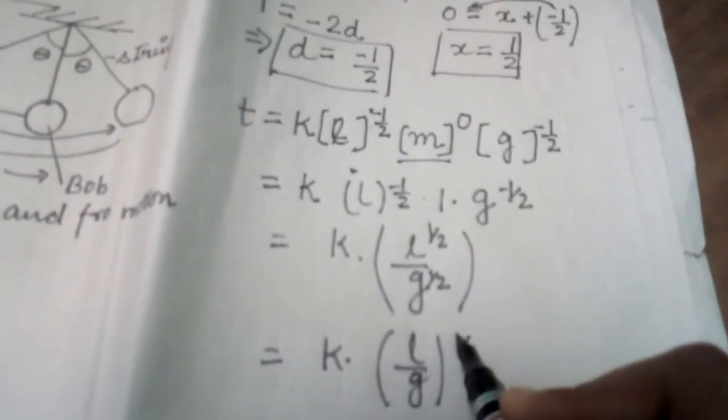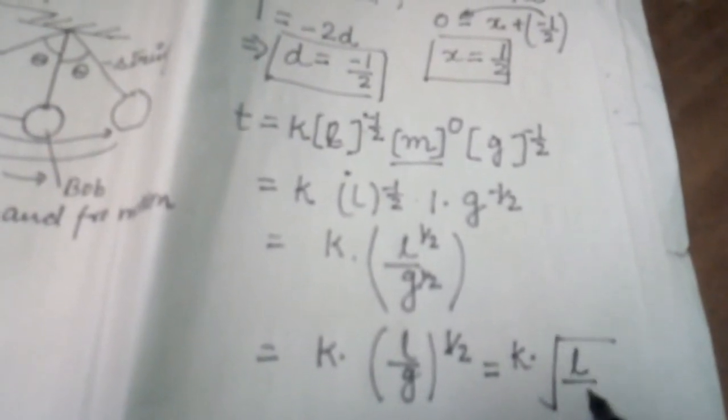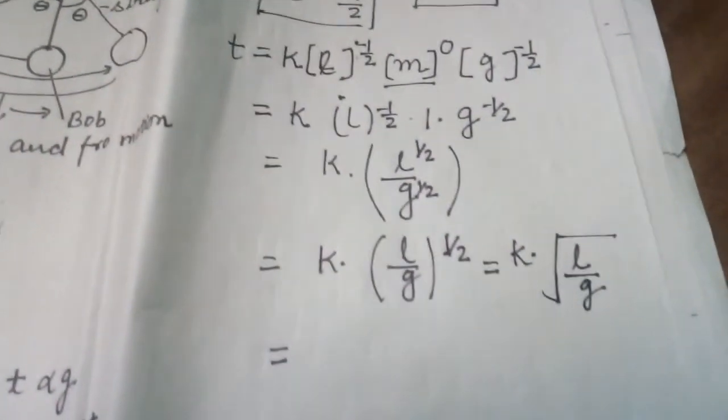Okay, it's clear. Now power 1 by 2 can also be written as under root.